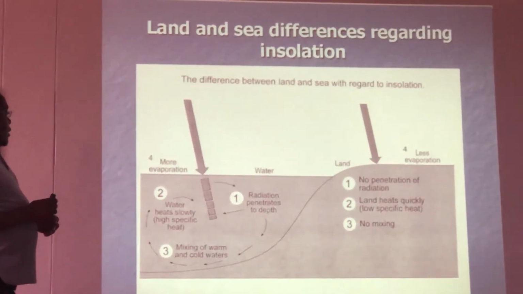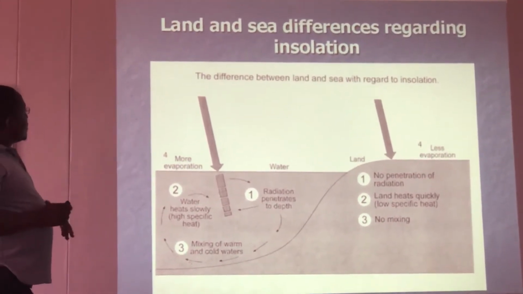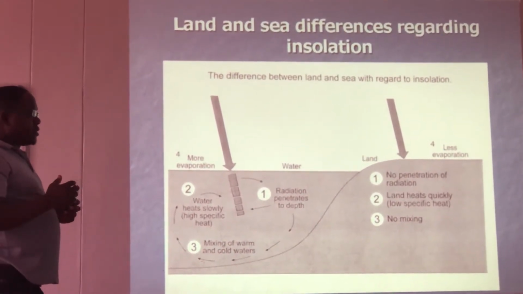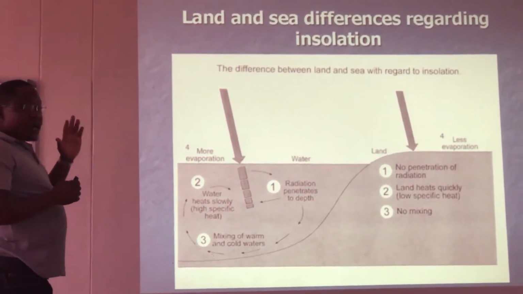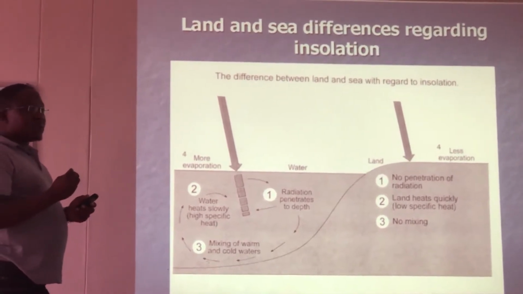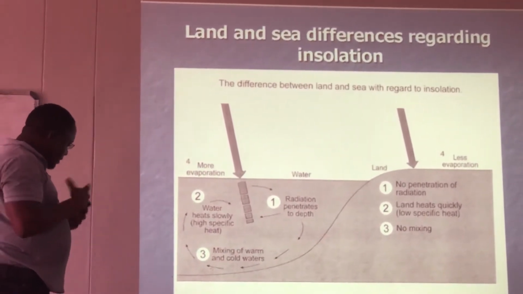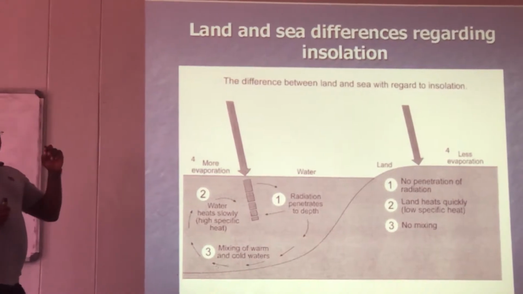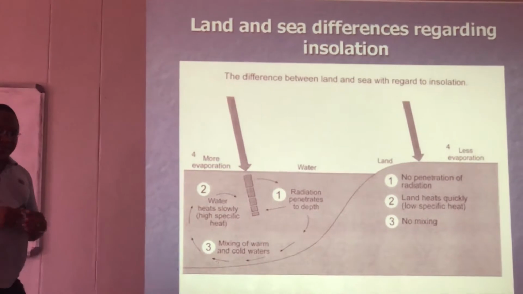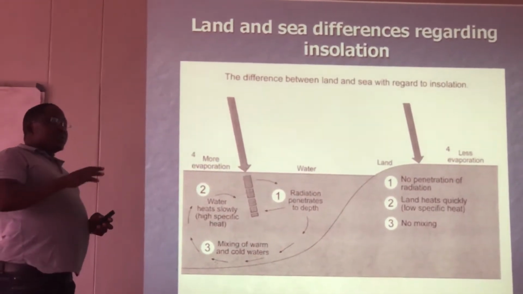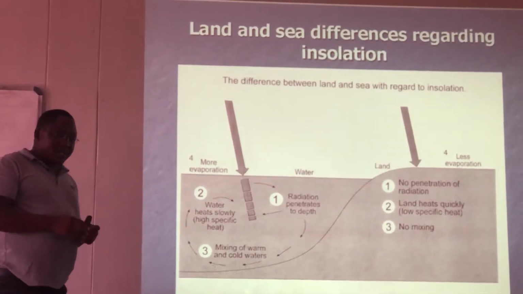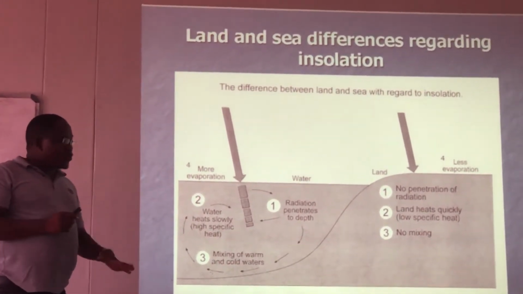The other important thing that you need to understand here is the difference between, for example, land and water in terms of how they interact with insolation. Just a quick example. Those who have been to Windhoek or Katima, you would realize that during summer, Windhoek would get extremely hot.